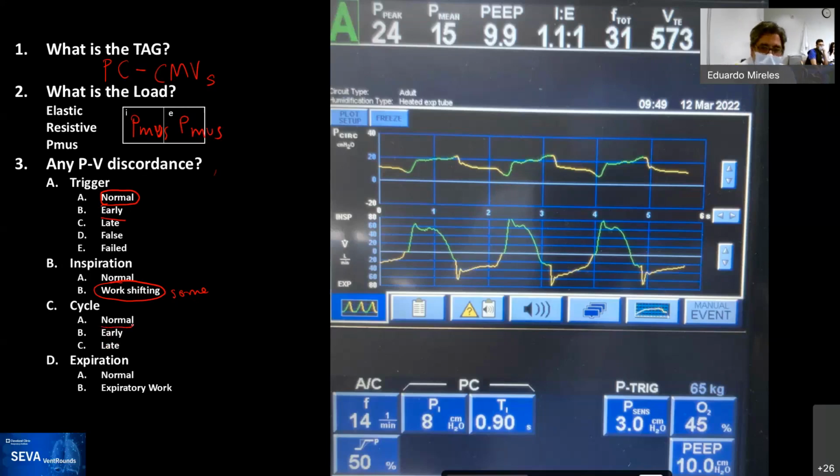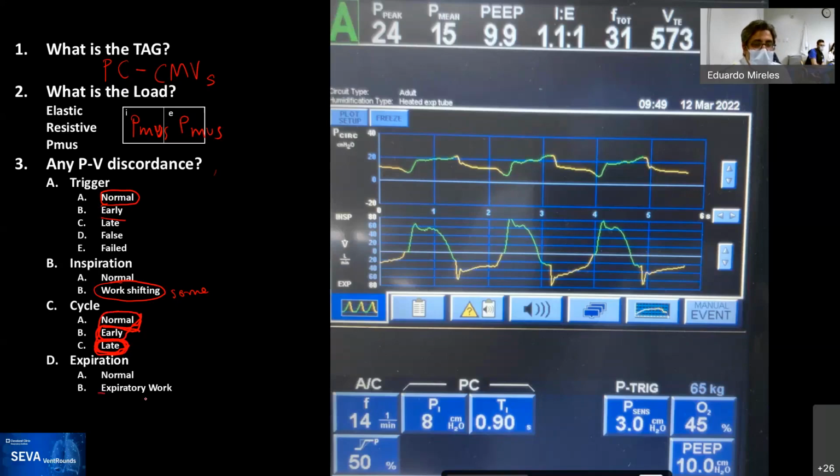But I think it's cycling early because the inspiratory requirement sort of continues and the patient is sort of trying to suck in, or actively inhaling. I think it's actively inhaled. I'll say it's normal cycling. And I see expiratory work shifting.